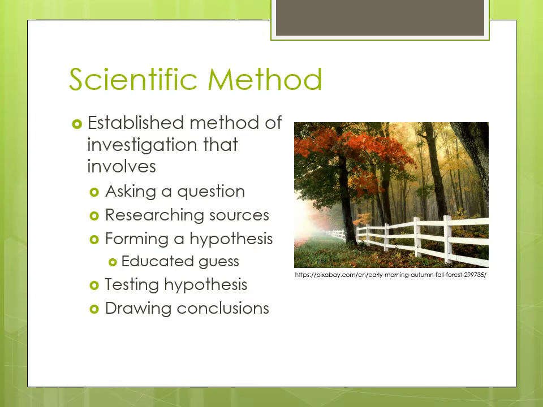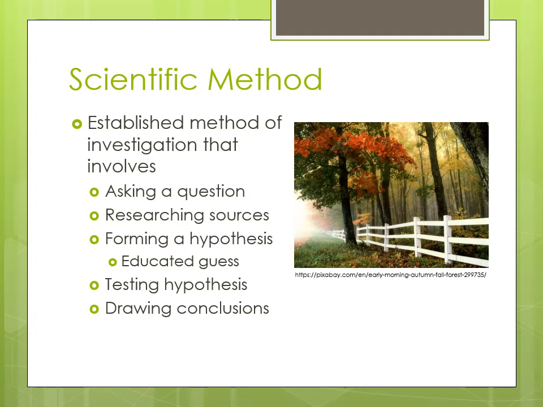Then I go and do research. So, for example, I look at the literature. I look to see what other sociologists have discovered in doing research that is similar or the same as mine. And then once I look at all of that literature, once I go and research what information is out there, then I form an educated guess. It's called a hypothesis.